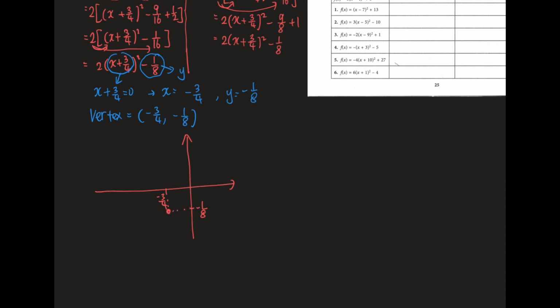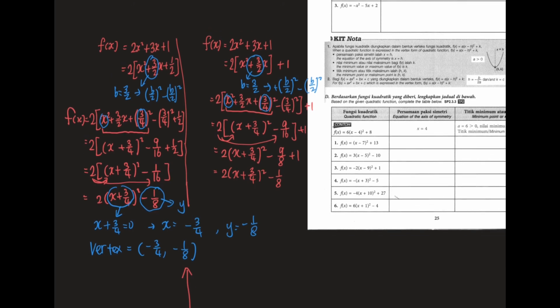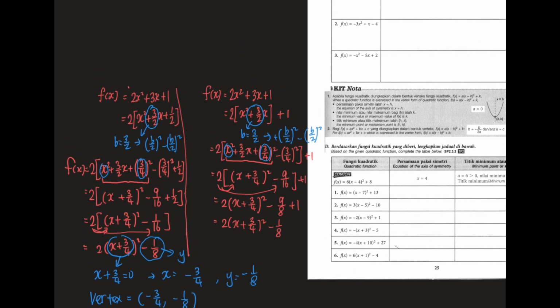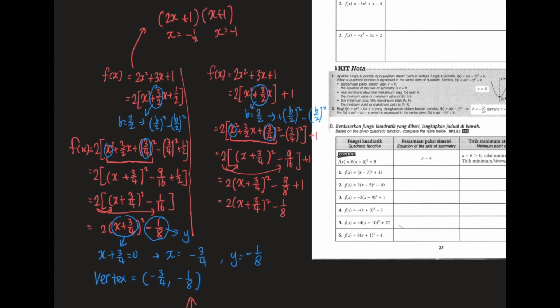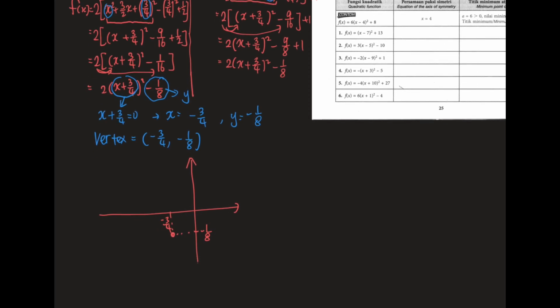Okay, that's my vertex. This one, just now I already factorized. 2x plus 1, x plus 1, if you still remember. X equal to negative 1 over 2, x equal to negative 1. If you still remember the two x-intercepts. So the graph is going to be like this. This is negative 1 over 2. This is negative 1.